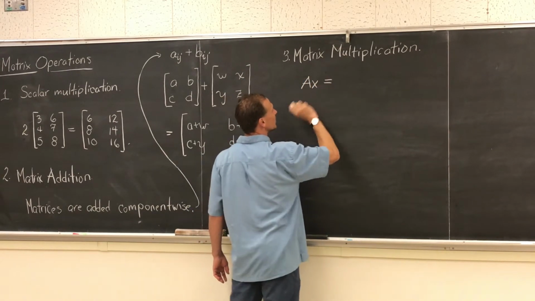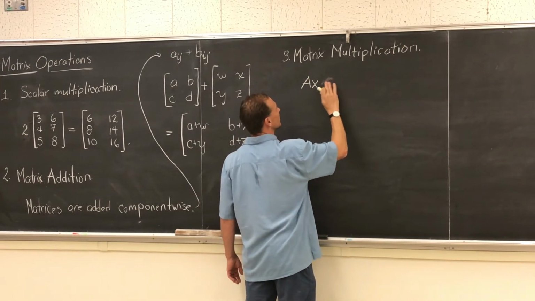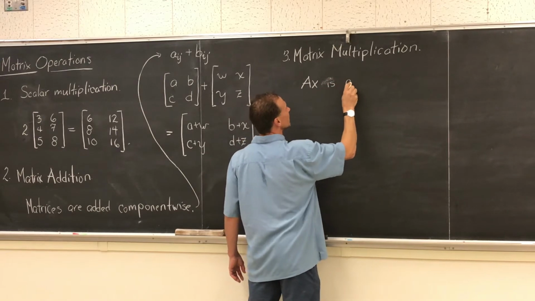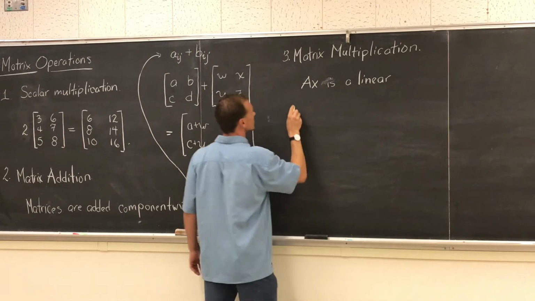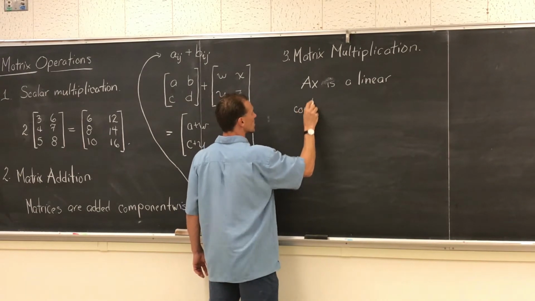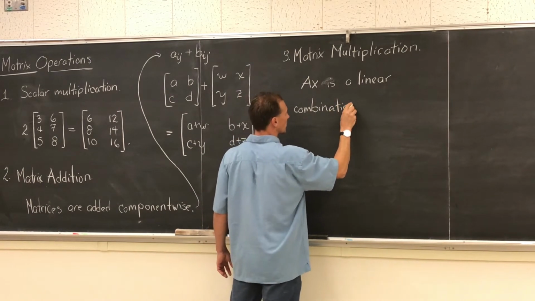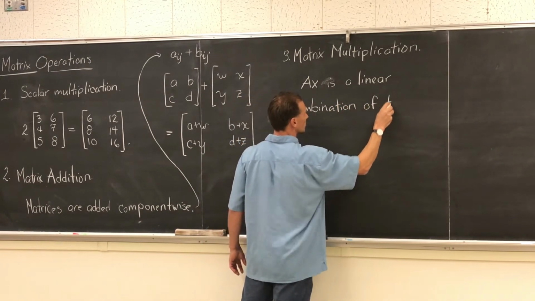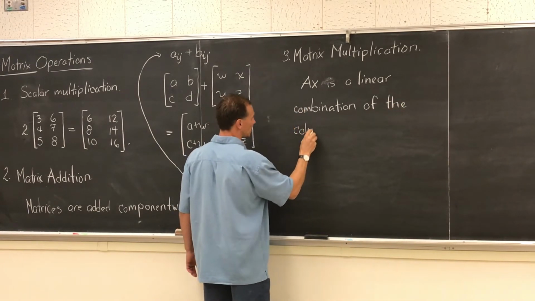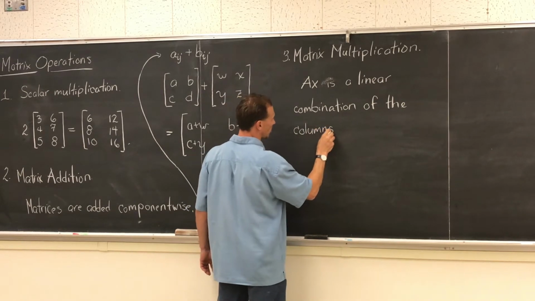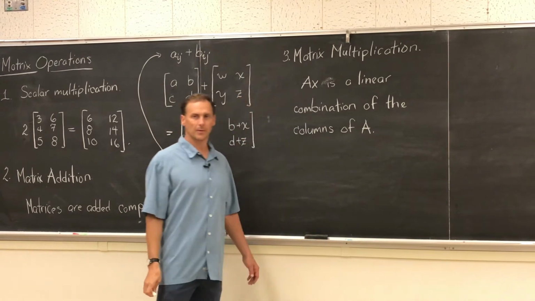And we said that what this was, I'm going to write this out, is a linear combination of the columns of A.